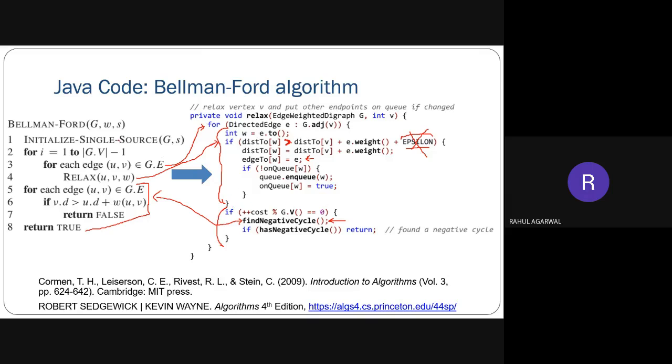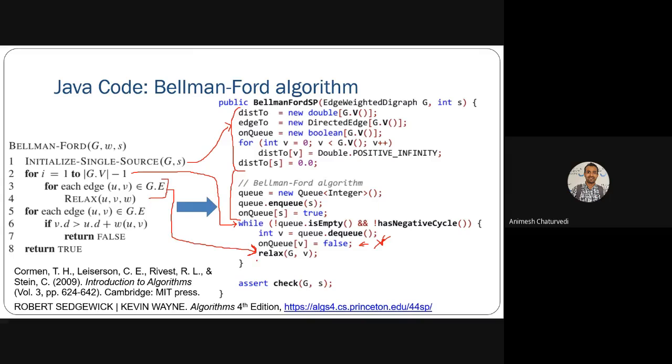We have done that. So here actually this code was like this. This is just for the temporary checking of negative cycle. This is not that whole thing. It's over here.